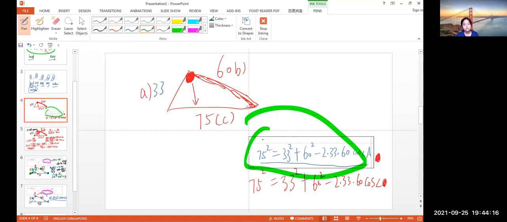The rest is just 75 square, get the answer, 33, get the answer, 60, get the square, get the answer. Then of course, you can go back and slowly watch. You can watch this at 2 times speed, or at half speed, up to you. That's the benefit of having a recorded lesson.